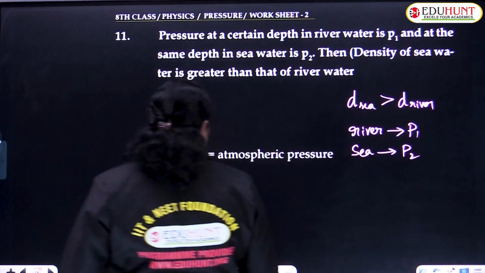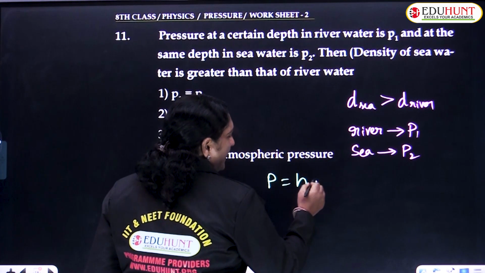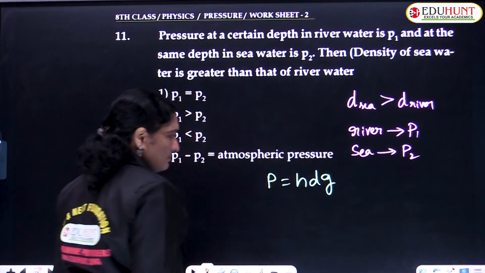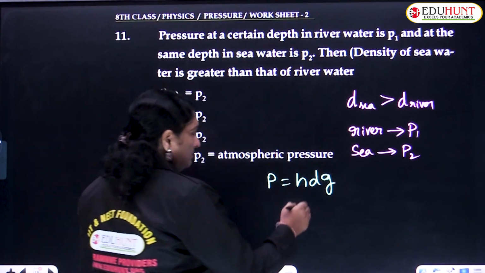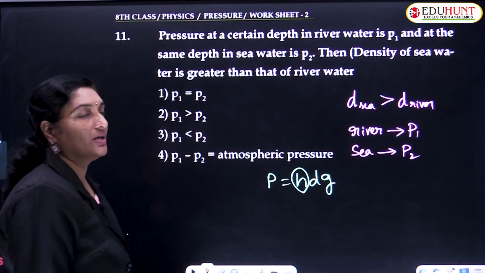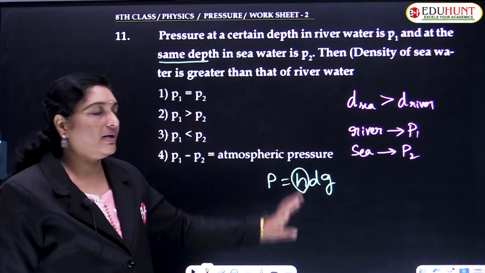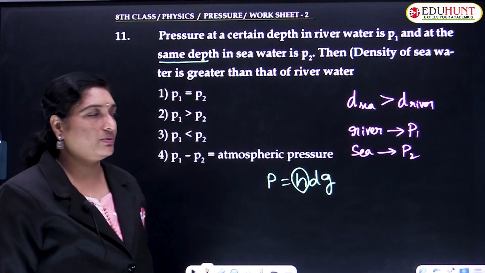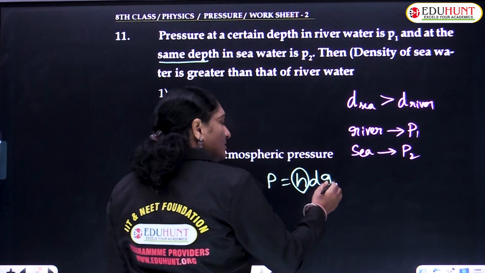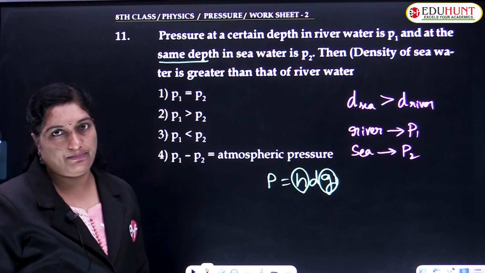What is the formula for P, children? As we know, pressure equals HdG. In both cases it was given that H is constant. Same depth. They gave it as same depth. So, H is the same for both. Acceleration due to gravity at a given height or depth is the same.